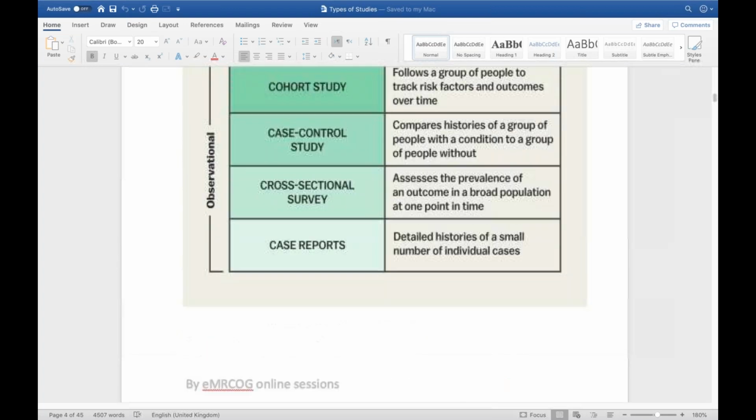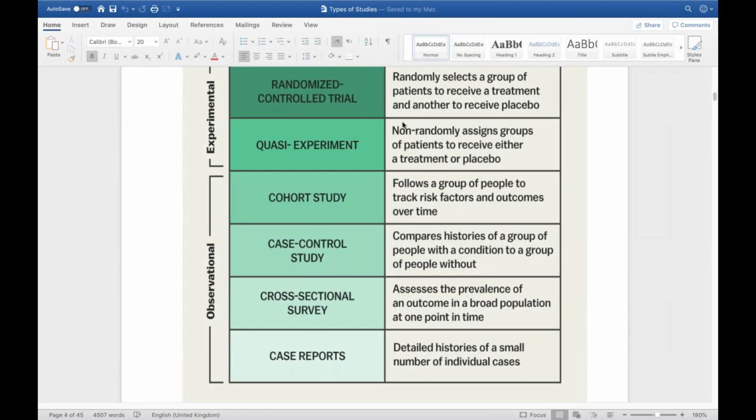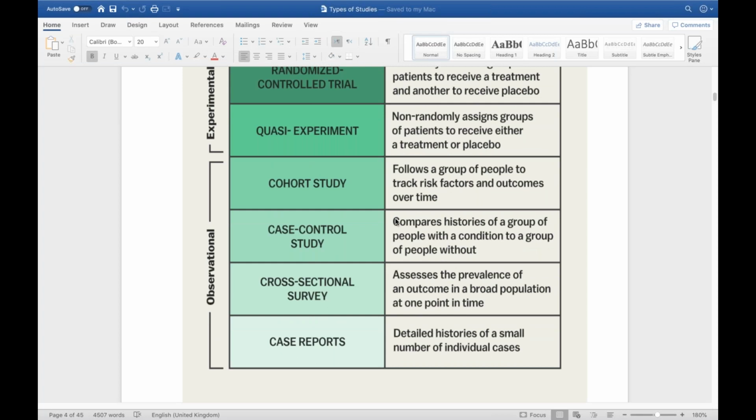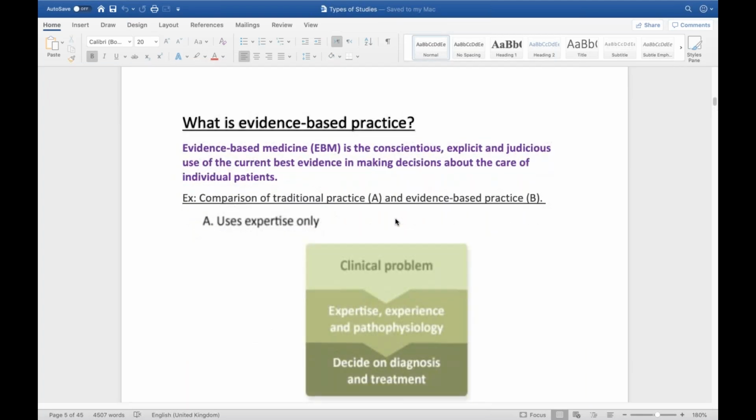Using your experience, you have to decide which one of these studies is suitable for which patient, because not all these studies can be applied in all patients. So just incorporate these 3 things: your clinical experience, the specific patient criteria, and the best available evidence for this specific patient.